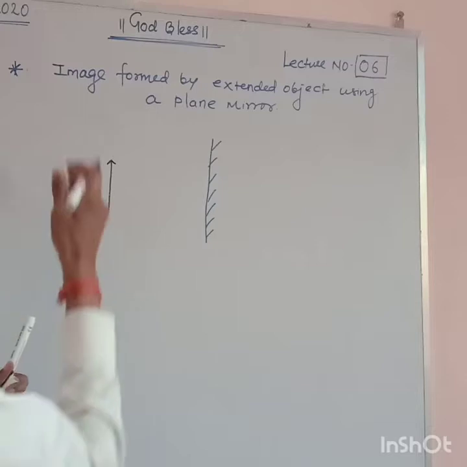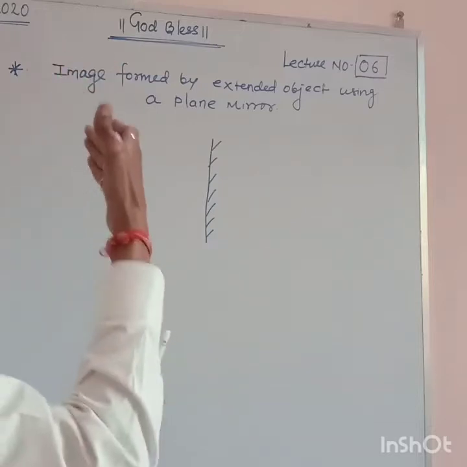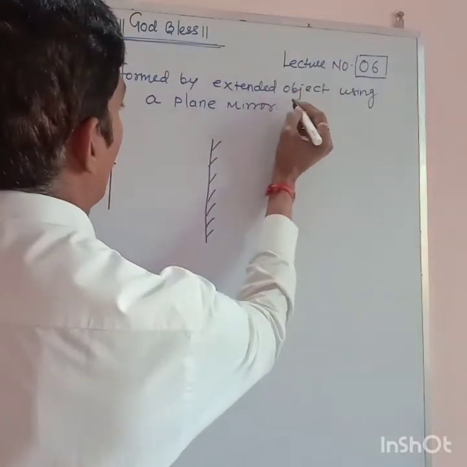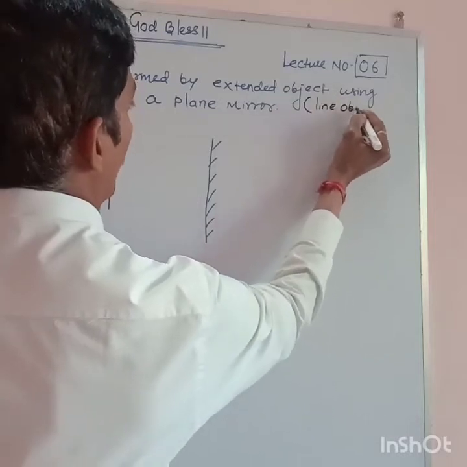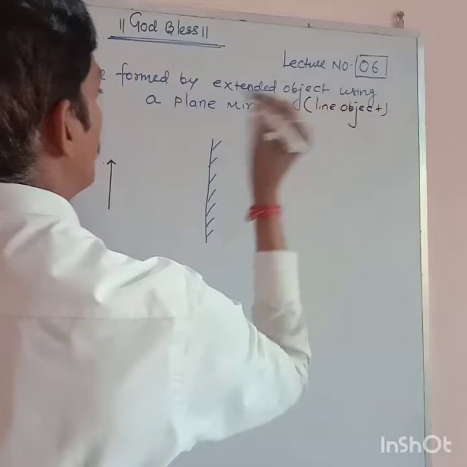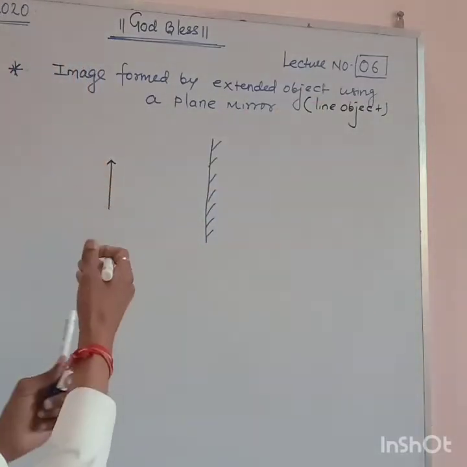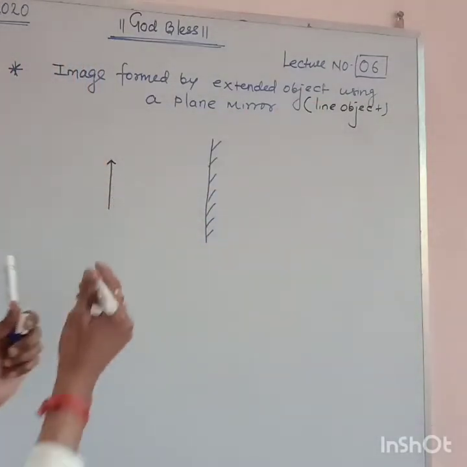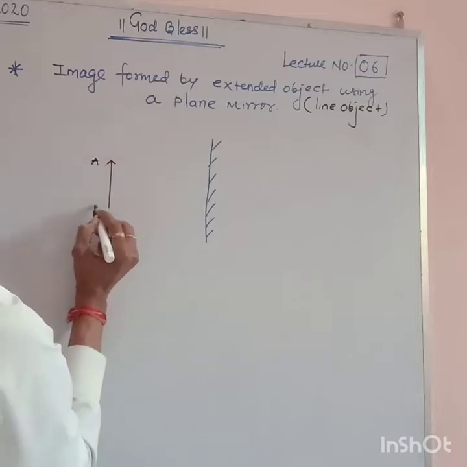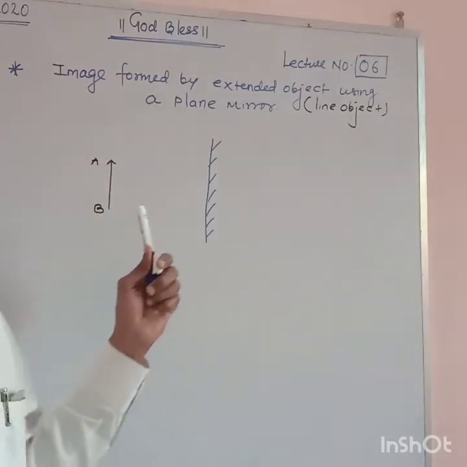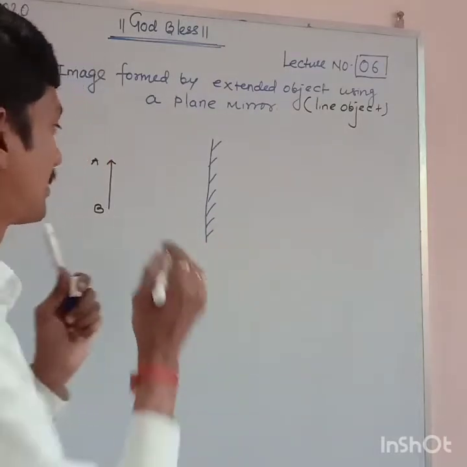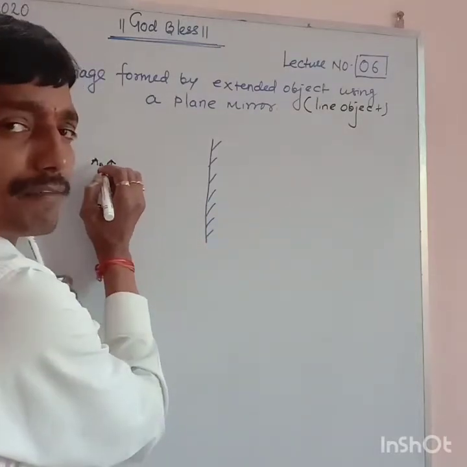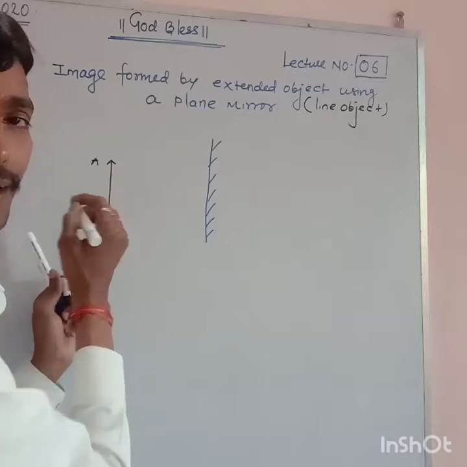This is the extended object, or we can also call the extended object a line object. So I have taken an extended object or line object, say the name is AB. Here A is the top and B is the bottom.